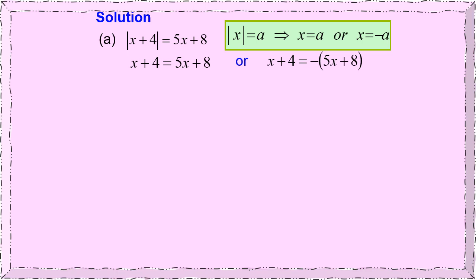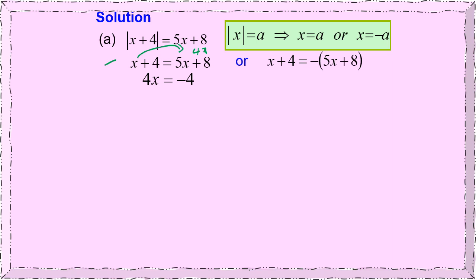So bring the 5x to the left hand side for the first equation here. So we get x minus 5x, or we can bring x to the right hand side, whichever you want. If you bring x to the right hand side, you get 4x here, and then 4 minus 8 will be negative 4.